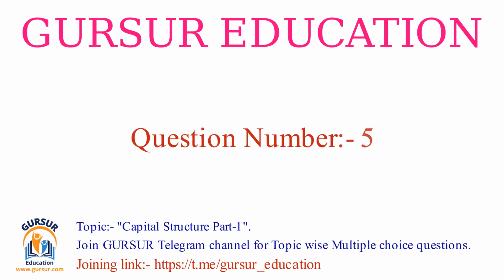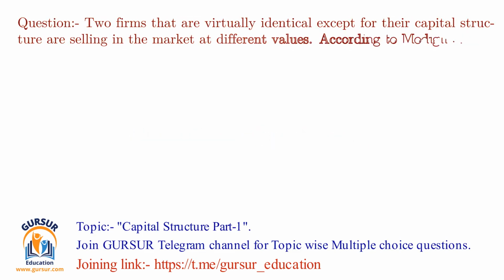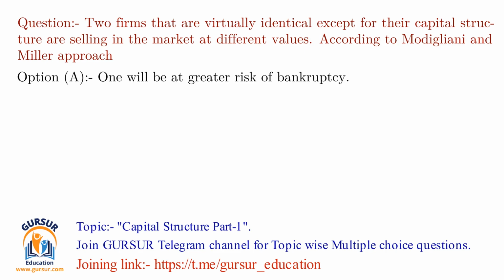The question number 5 is: two firms that are virtually identical except for their capital structure are selling in the market at different values. According to the Modigliani and Miller approach, option A, one will be at greater risk of bankruptcy.